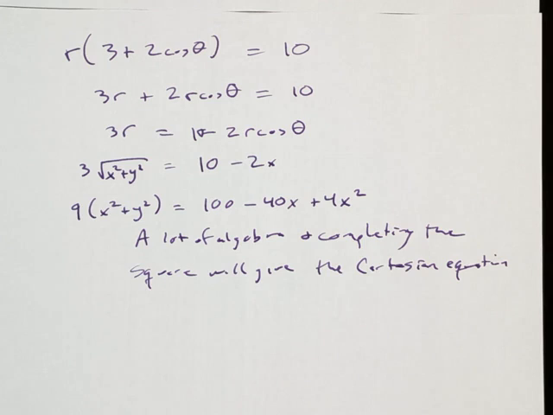Notice that in this polar conic section, our directrix was on the right, so our curve was mostly on the left.